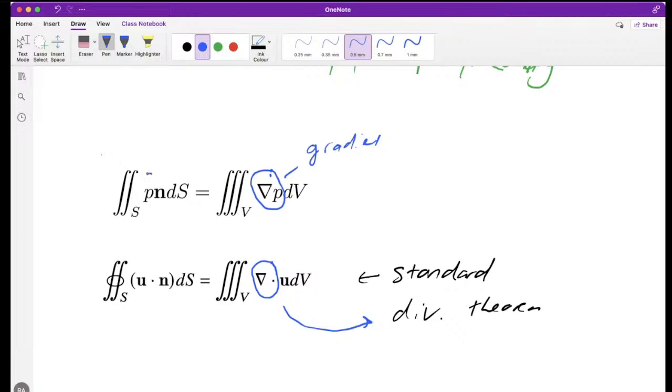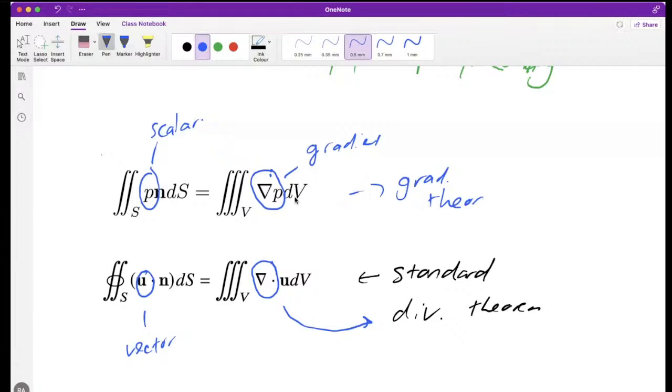This P is a scalar quantity, while U in the standard divergence theorem is a vector quantity. Some people call it a gradient theorem.